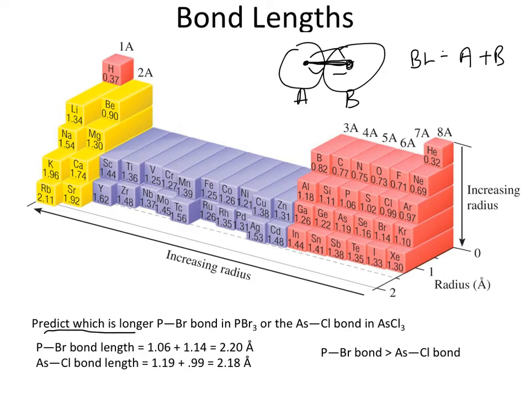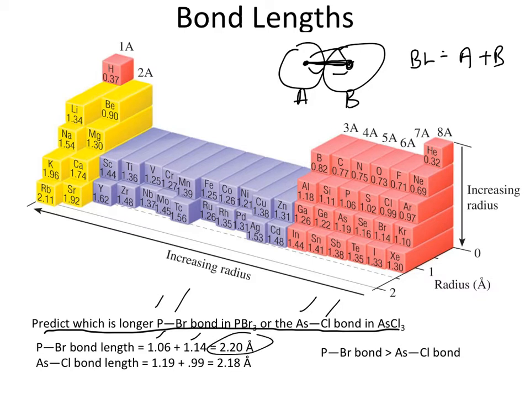So if I ask you something like this, like to predict the bond length in each one of these molecules, I would look up on the chart the radii for phosphorus and bromine, as well as arsenic and chlorine, and basically sum those as you see here. So your phosphorus and bromine radii get summed.